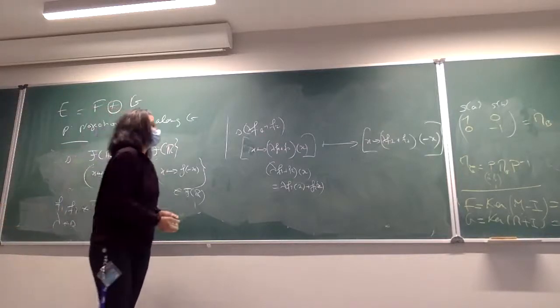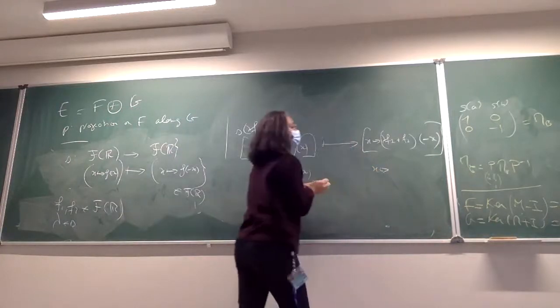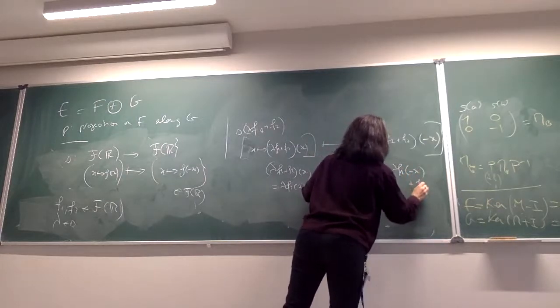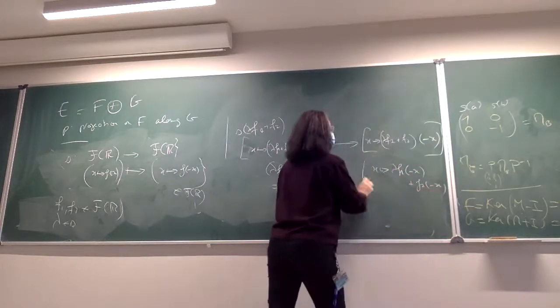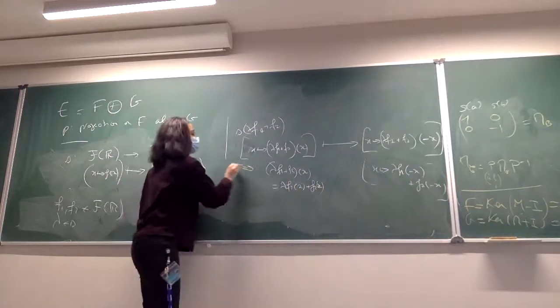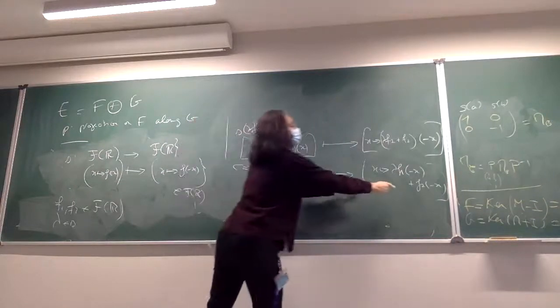So if I do that, that's going to be the map that gives you lambda F1 of minus X plus F2 of minus X. Right, so that's equivalent to the map that for this gives you that.